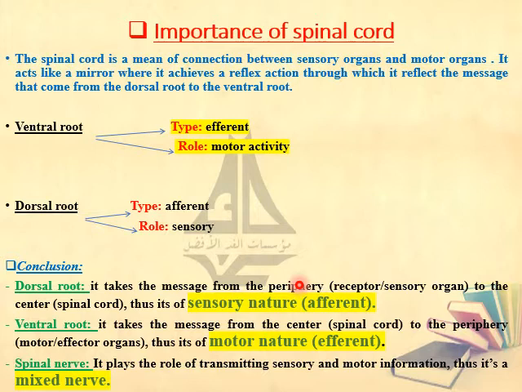Thus it is of sensory nature, or afferent. And the ventral root takes the messages from the center, from the spinal cord, to the periphery, to the effector organs. Thus it is of motor nature, efferent.